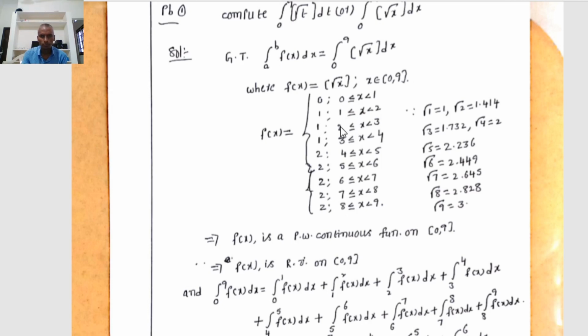Similarly, where x values lie between 2 and 3. Put x equal to 2; root 2 equals 1.414, which lies between the two integers 1 and 2, since 1 is less than 1.414, which is less than 2.